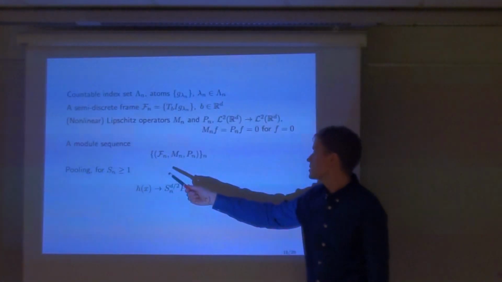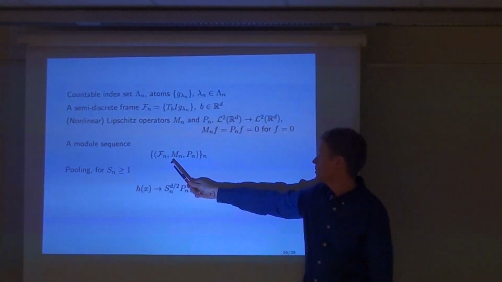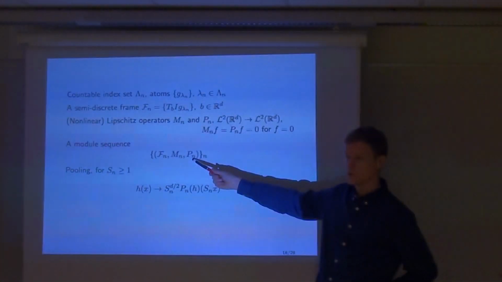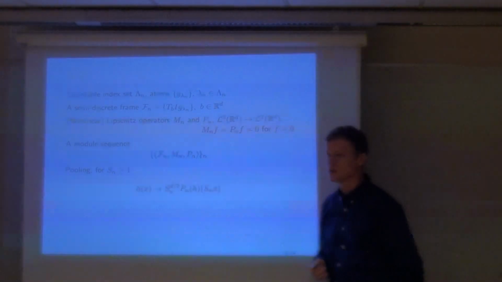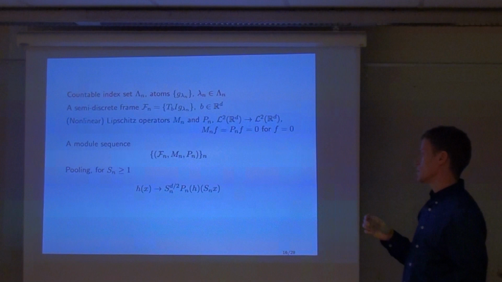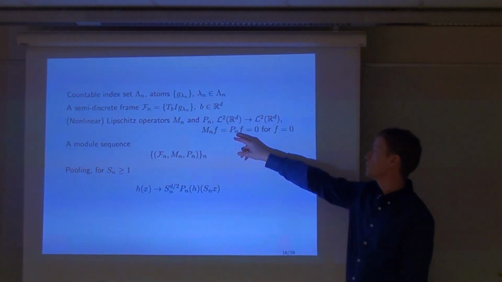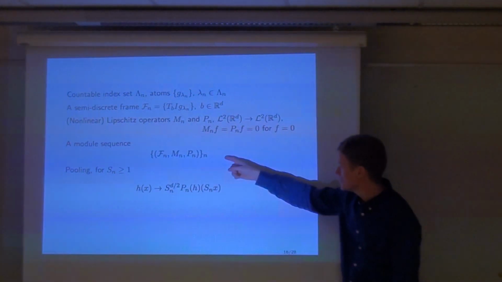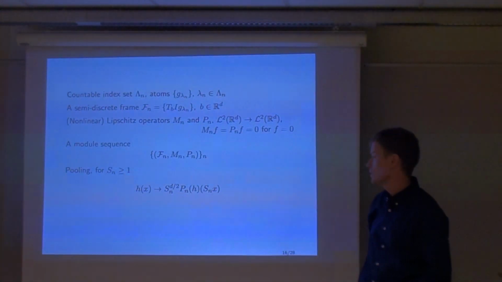And the collection of the frame, this nonlinearity and the pooling operators, they call a module sequence. That's not so important perhaps. And finally, pooling is now defined as follows.